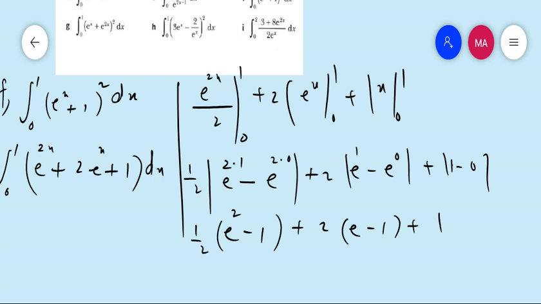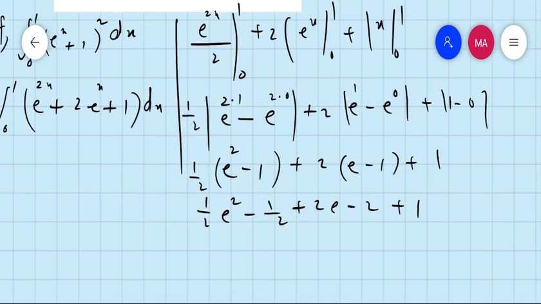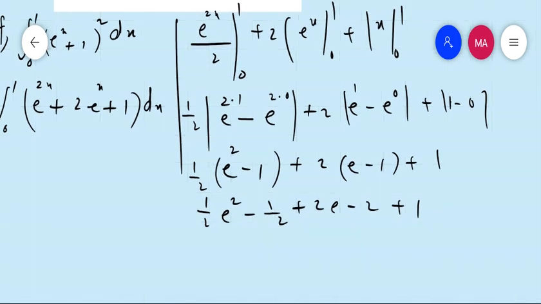Now simplify it. 1 upon 2 e square minus 1 upon 2 plus 2e minus 2 plus 1. So 1 upon 2 e square plus 2e, minus 2 plus 1 is minus 1, minus 1 minus 1 upon 2 is minus 3 upon 2.